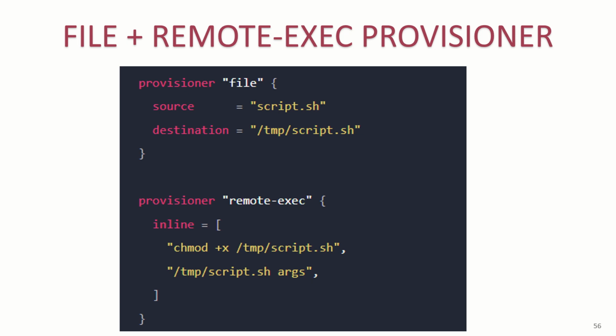We'll use chmod +x, which gives executable permission to that file, and then we can execute that script with the command /tmp/script.sh, and if any argument needs to be passed, we can pass that. So now it is very easy to do a kind of configuration management along with infrastructure as code by using Terraform.